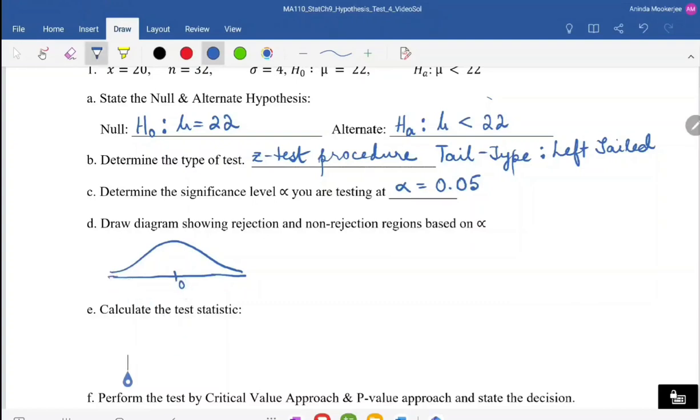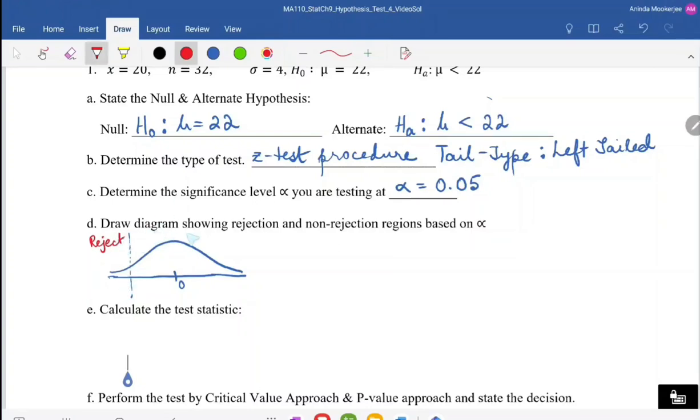Now, it also says that it is going to be a left tail test. So I'm going to put my reject region to the left. So in a left tail test, the reject region will always be to the left.